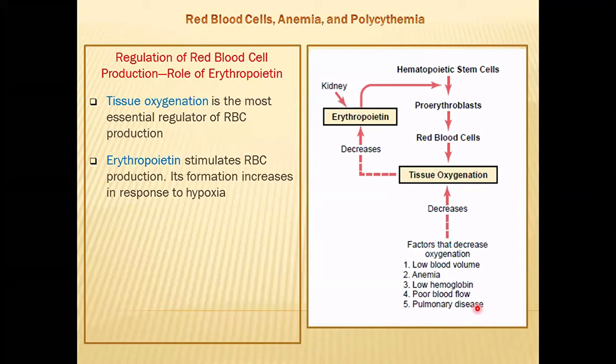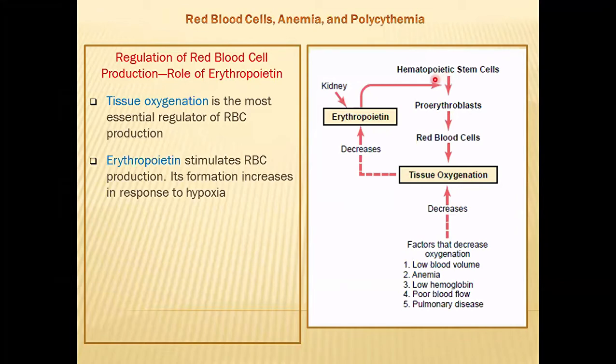Okay. So where does this erythropoietin originate or come from? So this is from the kidney. The erythropoietin is produced by the kidney. It's a hormone from the kidney. And once oxygenation of a particular organ or structure is low, it will signal your hematopoietic stem cell to produce more.